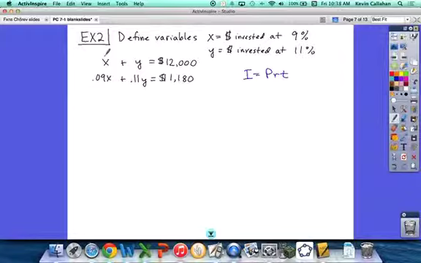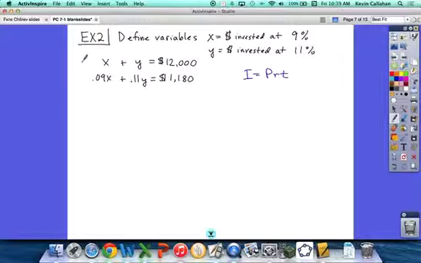The interest is how much you're getting back from your investment. For the x, which is the amount invested at 9%, you get 0.09 times that amount. And from the y fund, you're getting 0.11 times that. We know that amount, if you add it up, is 1,180 every year. So there's your two equations, two variables, solve.